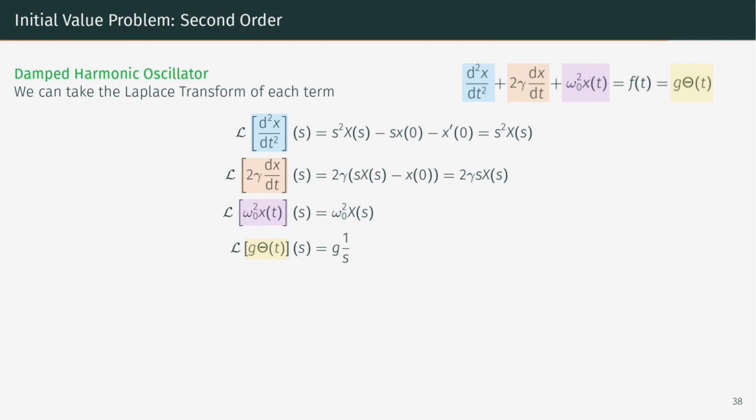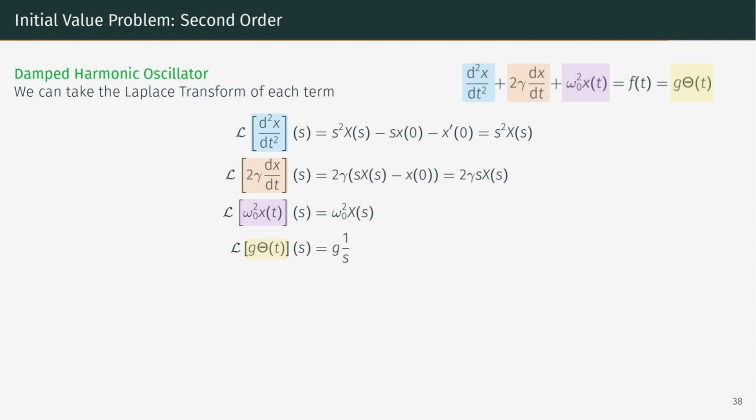The Laplace transform of the second term, 2 gamma dx over dt, shown in orange, equals 2 gamma times s x of s minus x of 0, which equals 2 gamma s x of s.